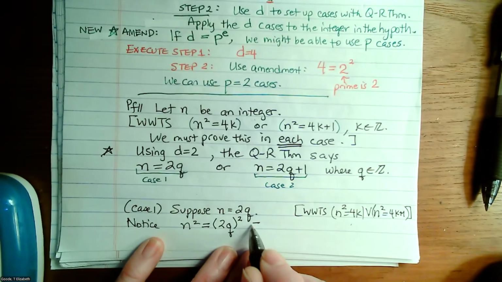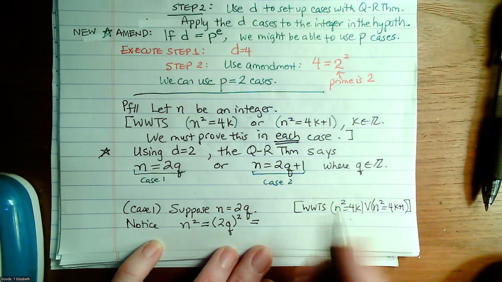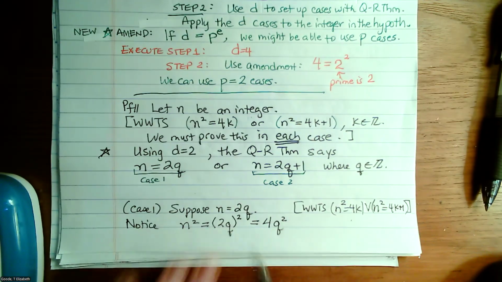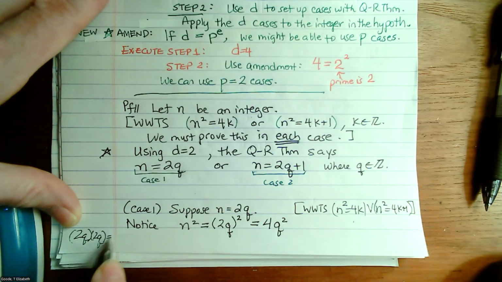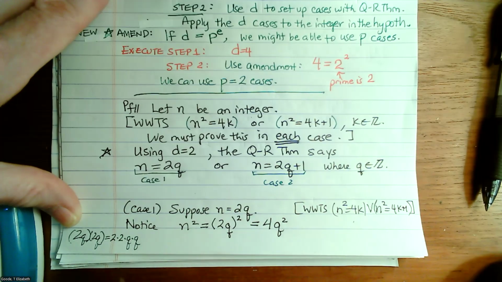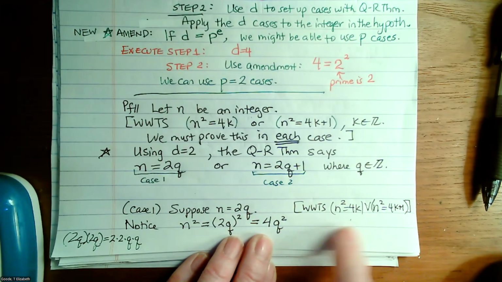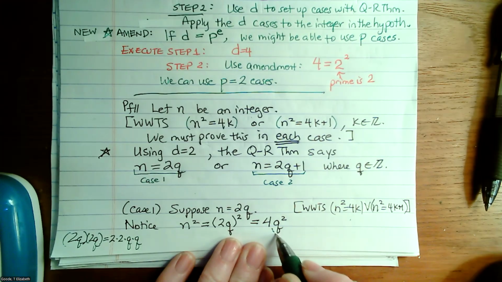And what does that turn out to be when we multiply that out? 4q squared, right? Because when we multiply 2q times 2q, it's 2 times 2 times q times q. So it's 4q squared. Ooh, look at that. Our k can be the q squared, can't it?